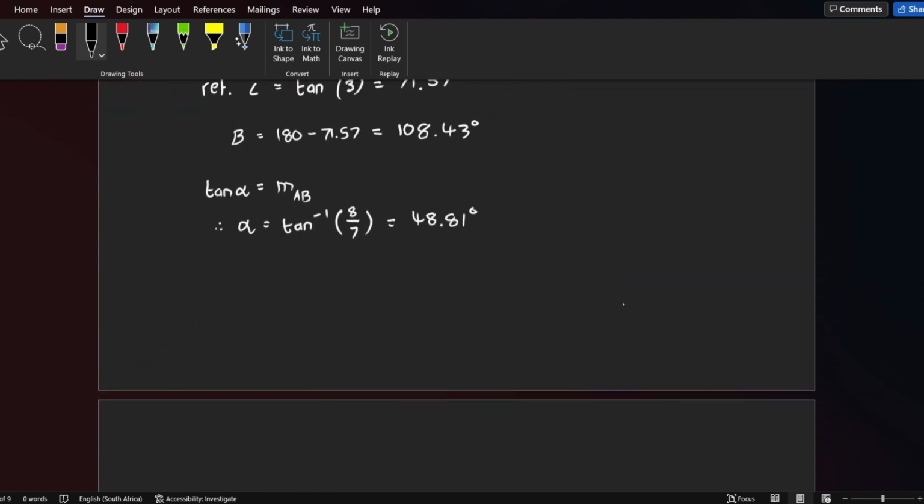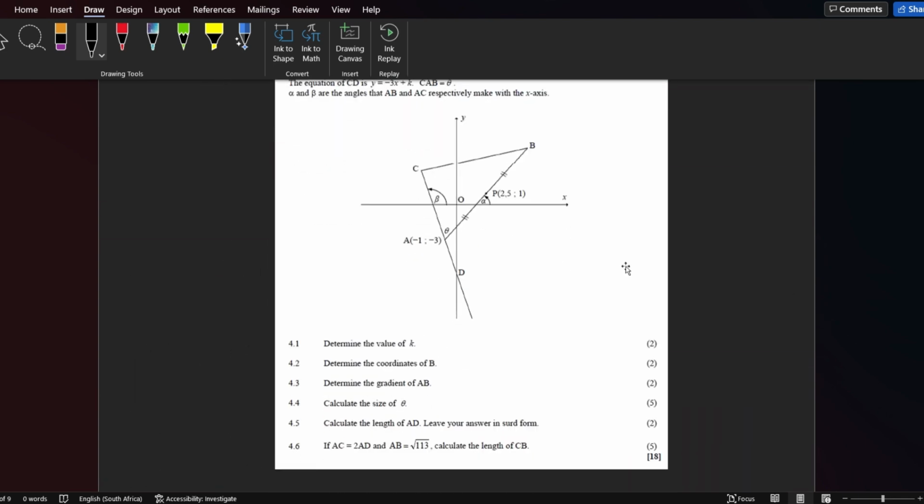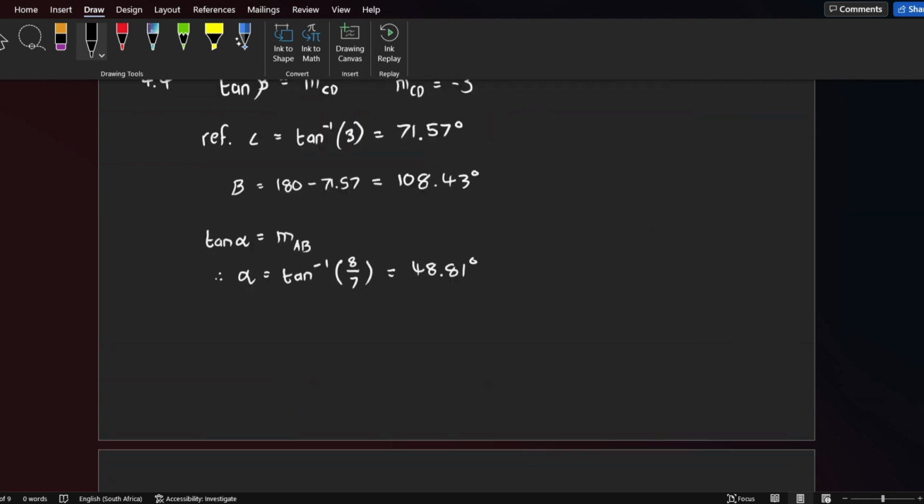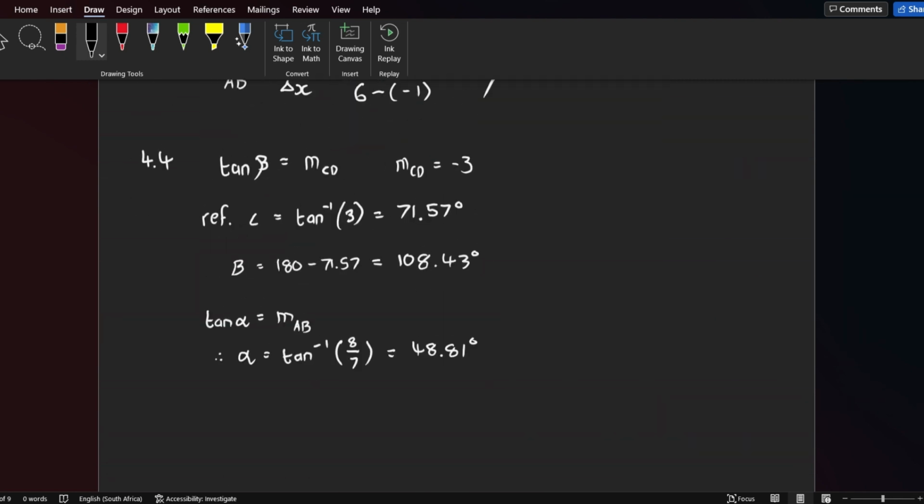So let us give it a name. There's no alphabet to name it here, but let's label this point, we can call it point E. So angle OEA is equal to 71.57. Why? We have to give a reason.